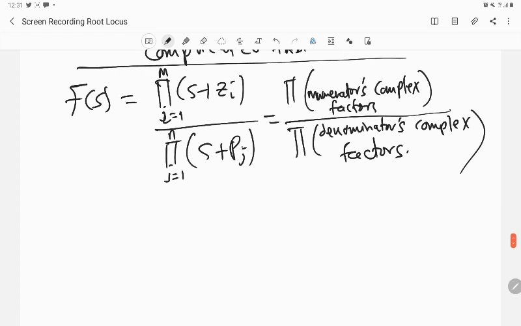So if you have the factors of the numerator and the factors of the denominator for the system, then you can easily write the function in this form.